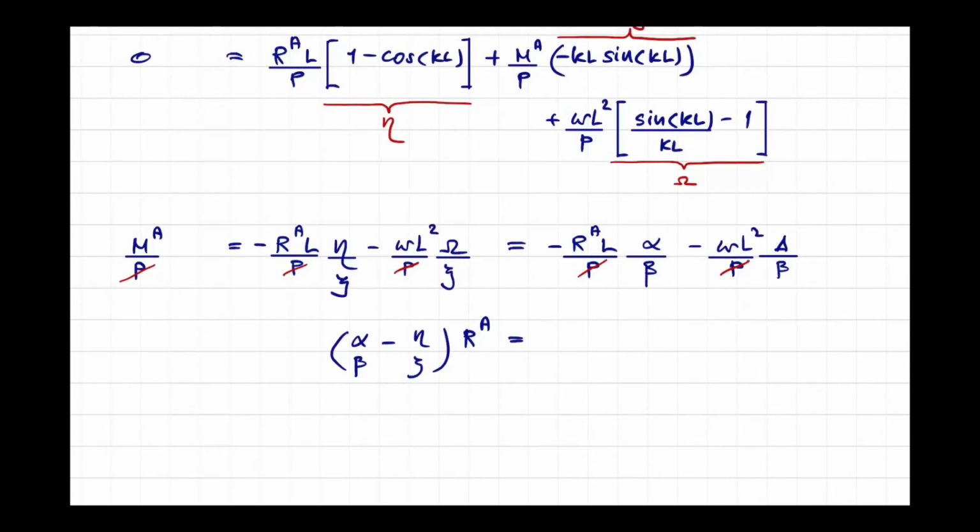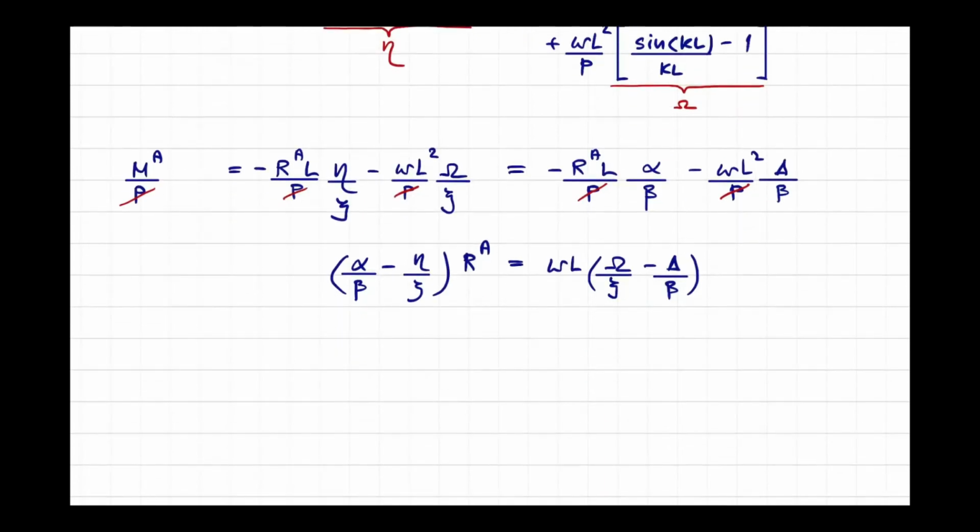And on the other side, we get WL omega over C minus delta over beta. And that makes the RA.